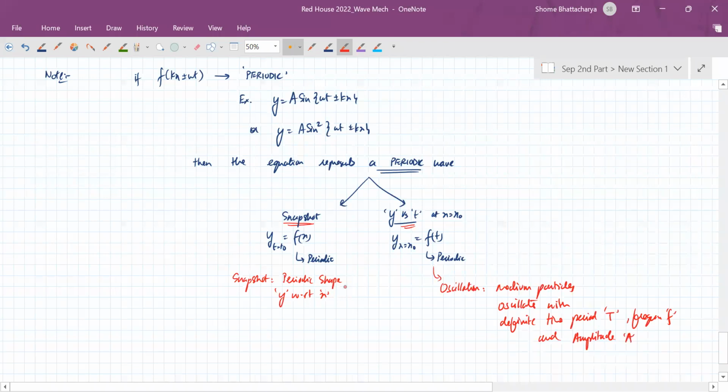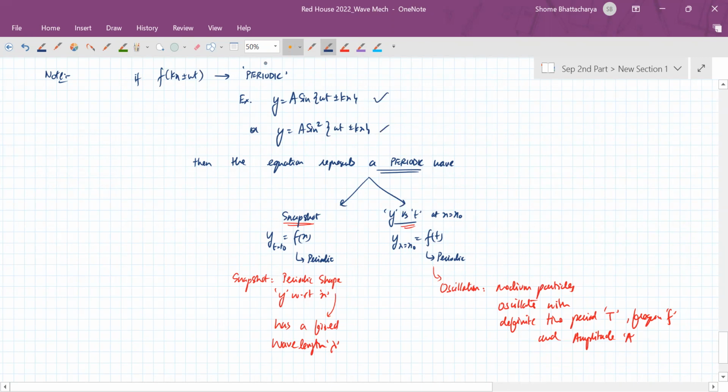Whereas this means that the snapshot picture is a periodic shape, so it has a fixed, what we call wavelength, which we will denote with the symbol lambda, and we'll come to that later, what that means exactly. So if the function is periodic, and these are examples of that, then the equation represents a periodic wave.